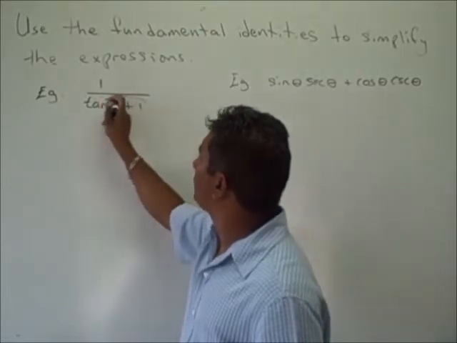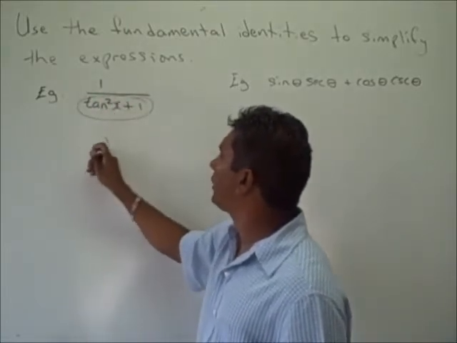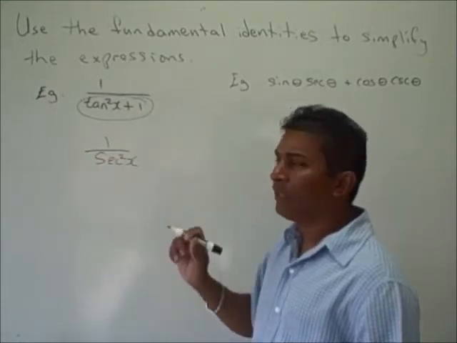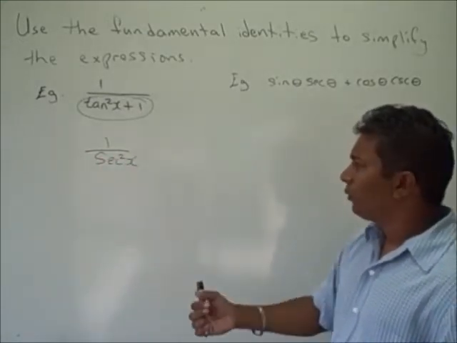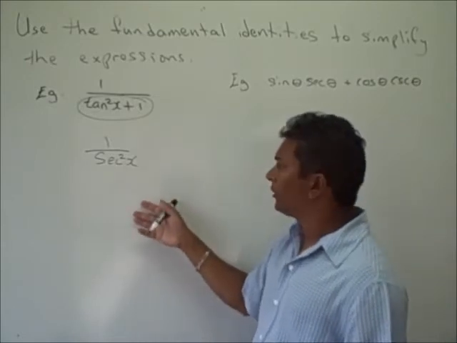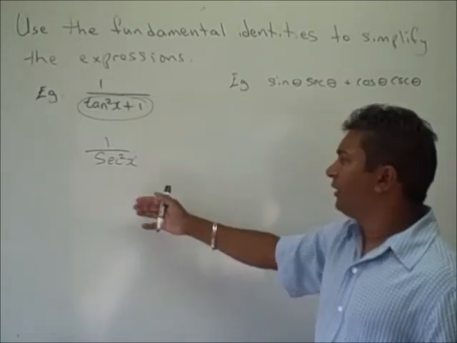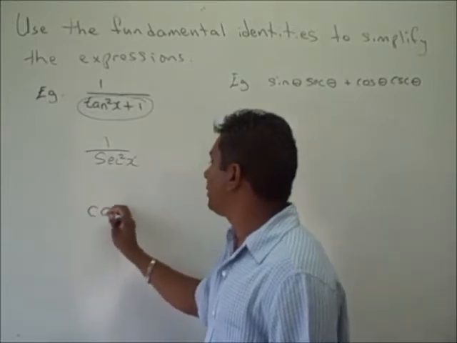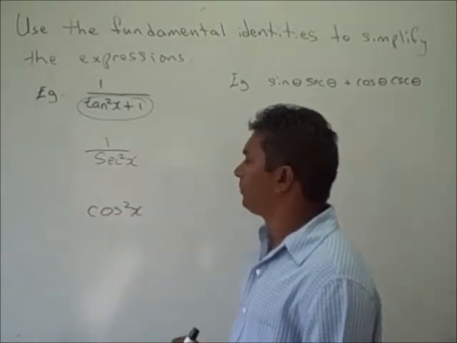So we can replace this with secant squared x. So this becomes 1 over secant squared x. We know this is one of our reciprocal identities. We know 1 over secant is the same thing as cosine, so this simplifies to cosine squared of x.